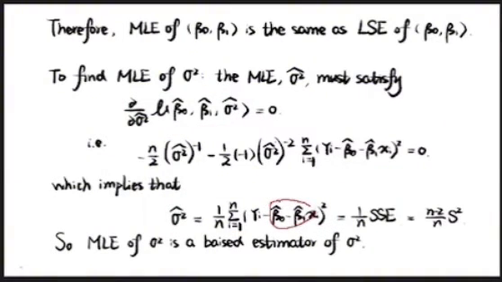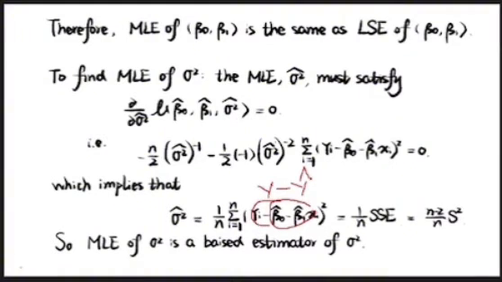If I want to write it, this is y minus y cap, right? Because the y cap is beta naught cap plus beta 1 cap x. This is the sum of square error, which means the estimate of the variance using the maximum likelihood approach will give you the sum of square error over n.